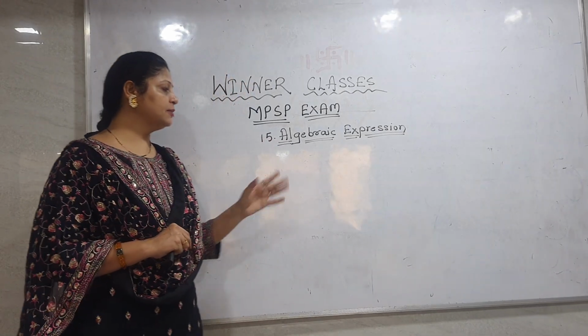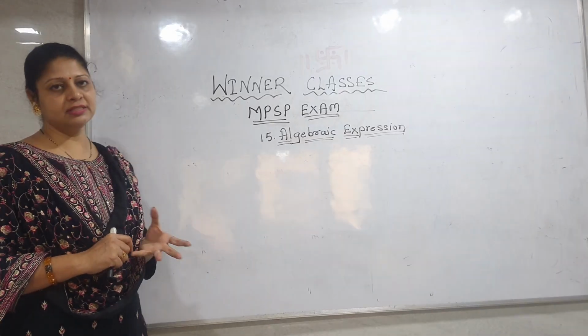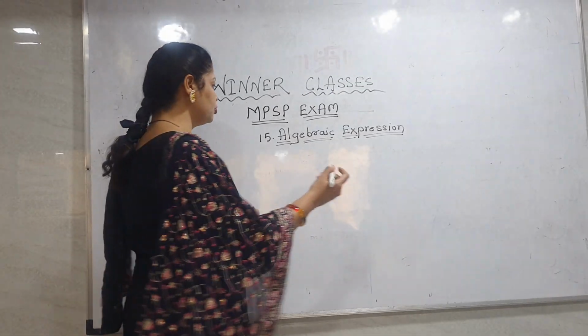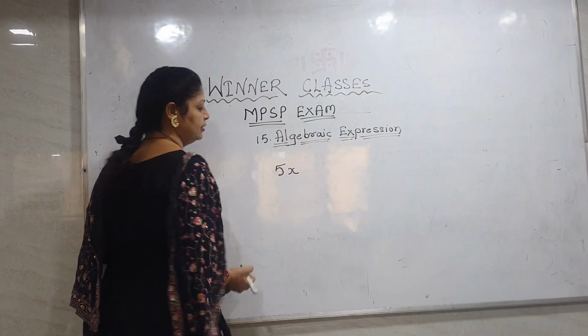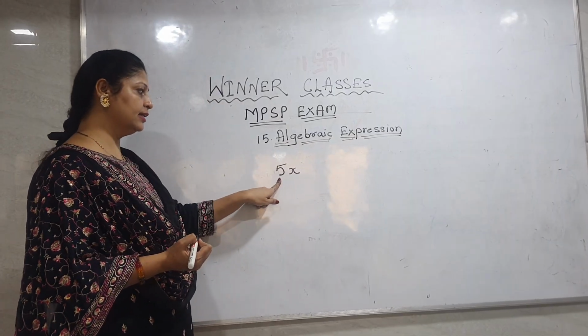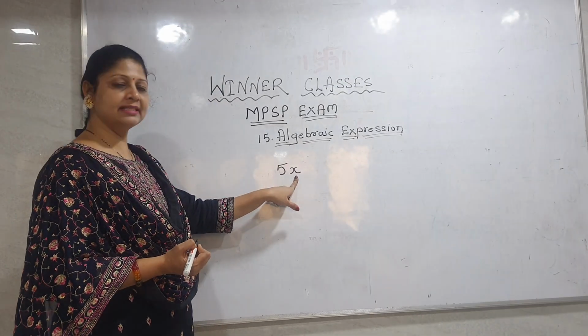Now in algebraic expression, the first and most important thing: suppose on the whiteboard I am writing 5x. Now see children, 5x. 5 is the number and x is the letter.